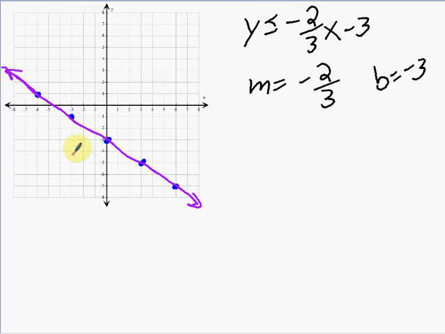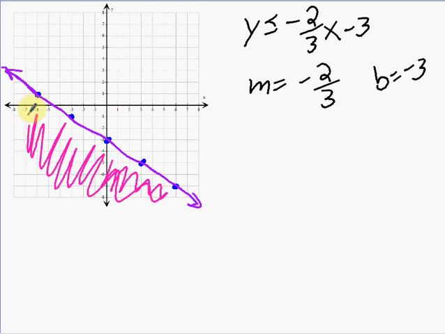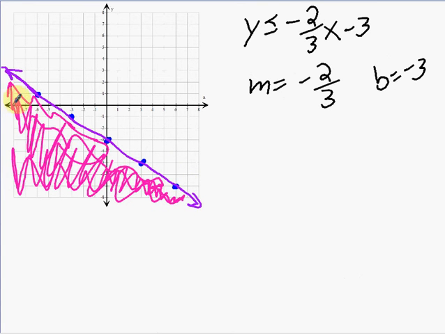Less than means below, so I'm going to shade all of this area below the line.